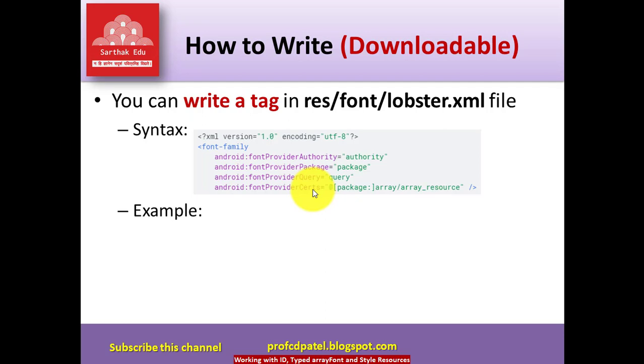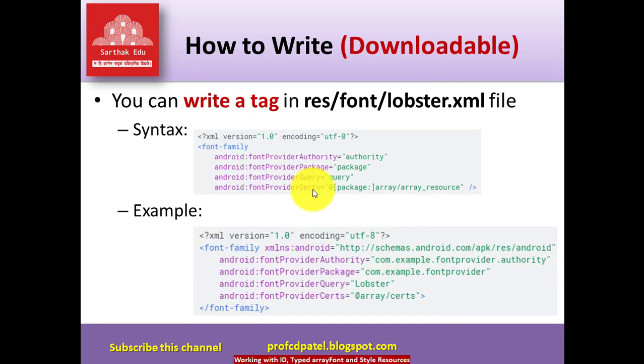Third, the fontProviderQuery attribute is used to query the font, and it is for documentation purposes also. The fontProviderCerts property is used to define the hash of the signature of this provider, used to identify the certificates of that signature, and it is also used for documentation. It looks like these examples.